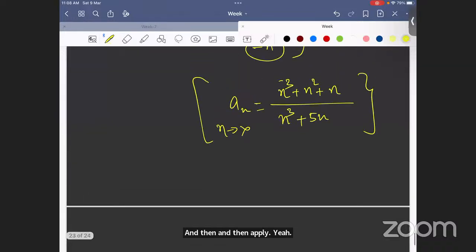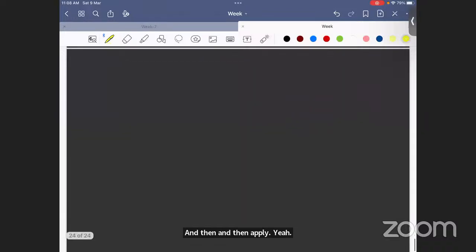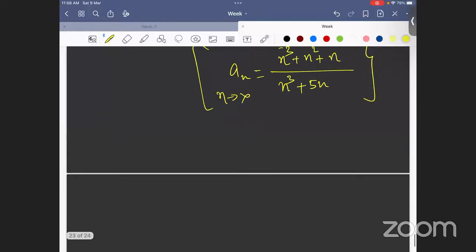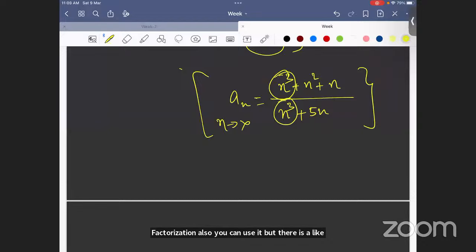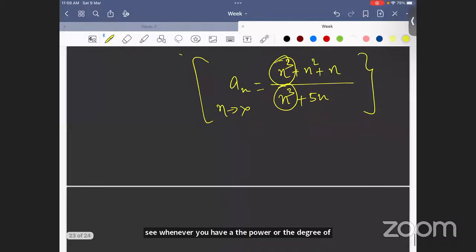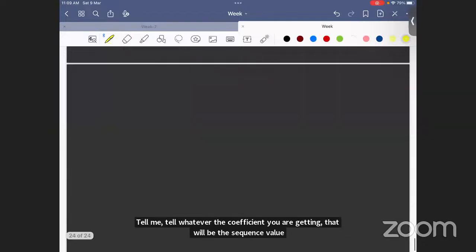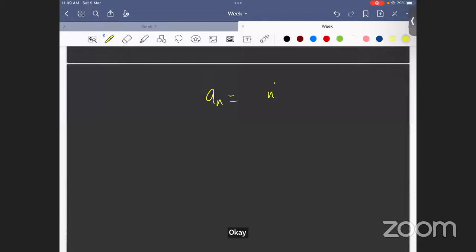This sequence can be solved with many different methods, like factorization. But whenever the power or degree of both the numerator and denominator is the same, you can directly take the coefficient ratio as the sequence value. Yes, sir.